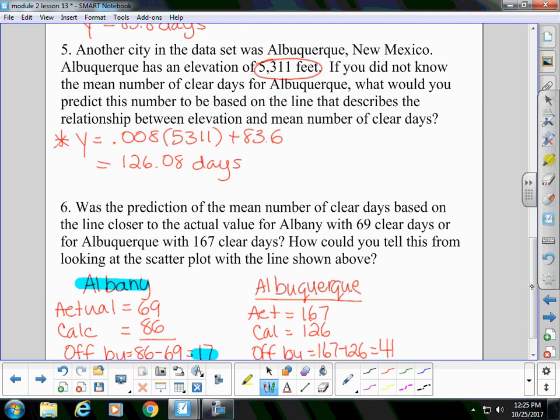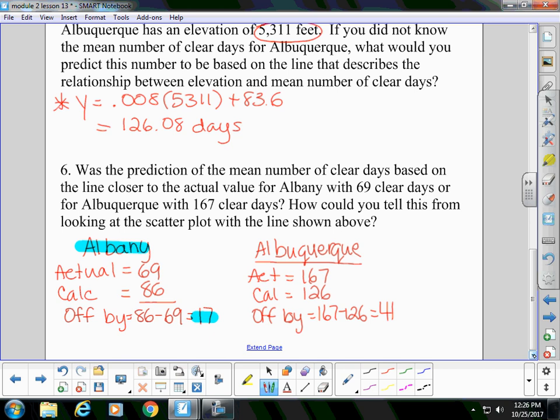Oh, Albany. So the closer that the points are to the line, the better the line of best fit is going to be at predicting the actual answers.